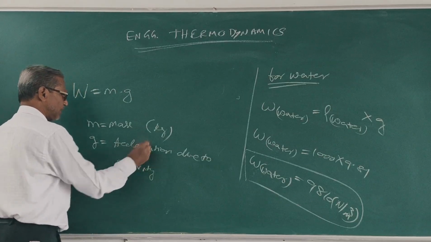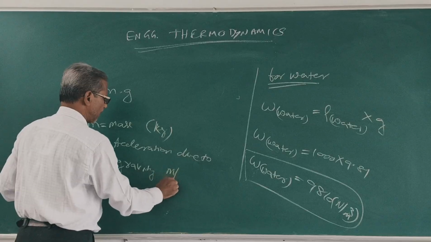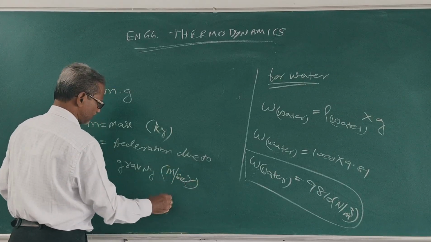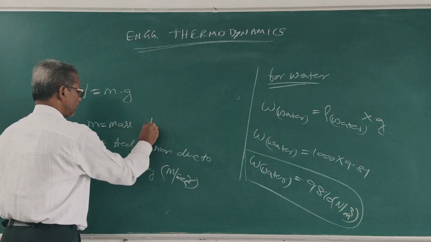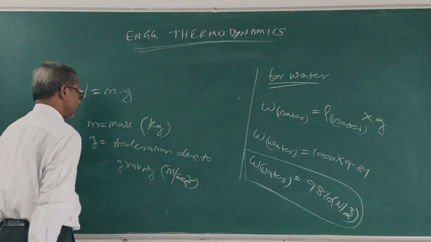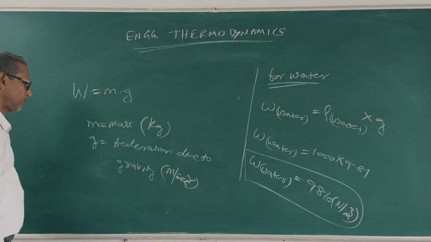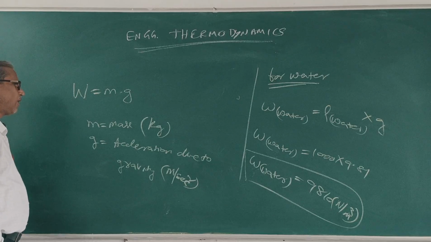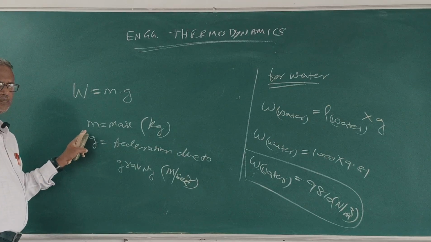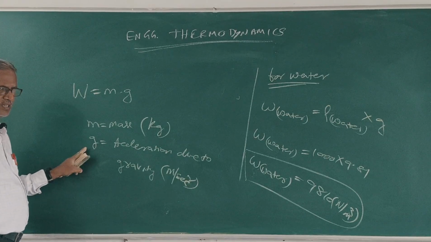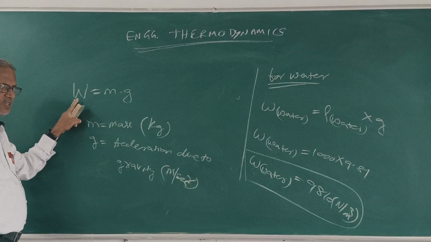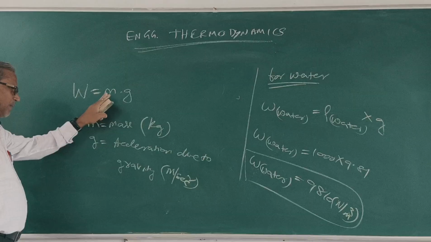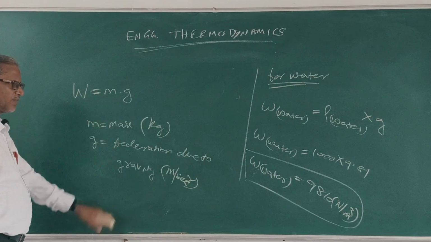What is the unit? Meter per second square. Clear? Now, m is always the same, but g varies for different places. Hence, weight also varies at different places. But the mass of the body remains constant.